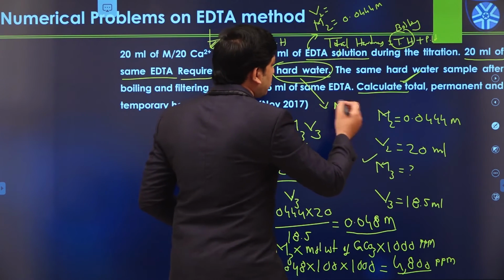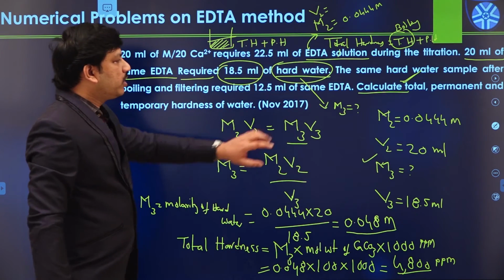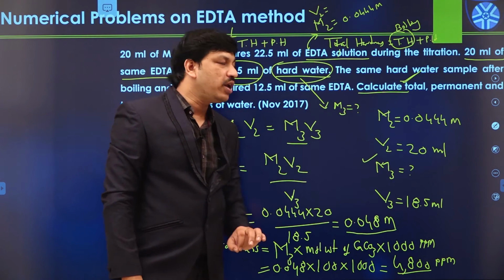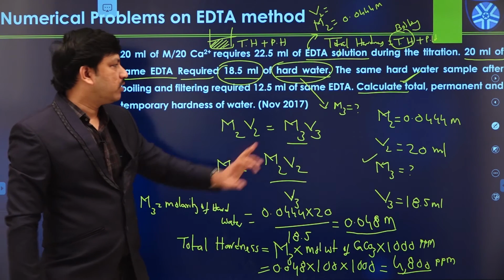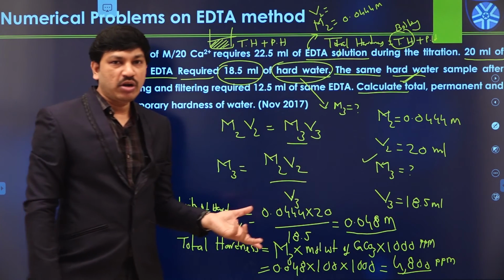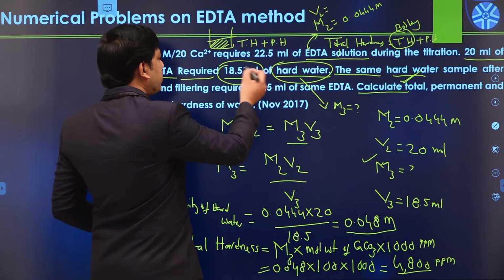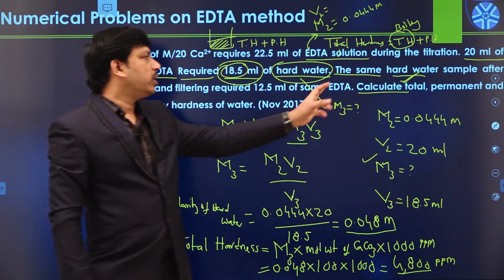If you see the third statement, it clearly indicates that we remove temporary hardness from the given water sample. So what is the third statement? The same hard water sample, the same amount. In the previous titration, we used 18.5 ml of hard water sample.